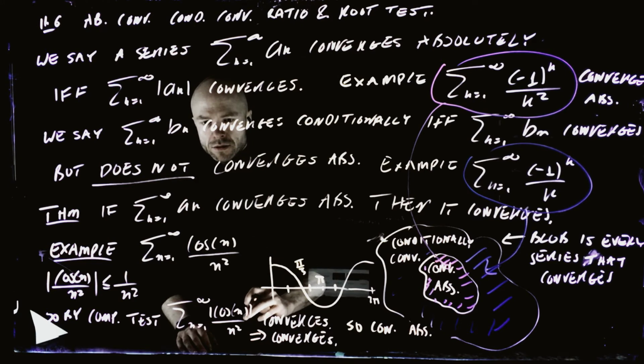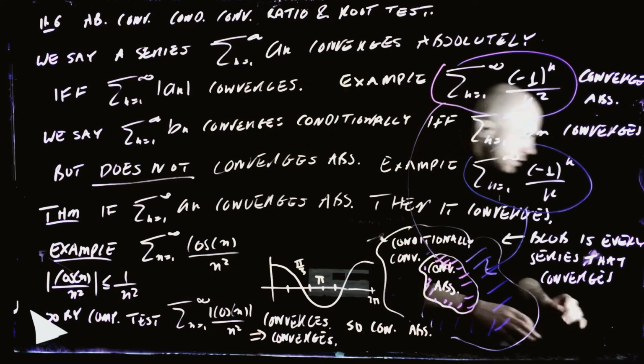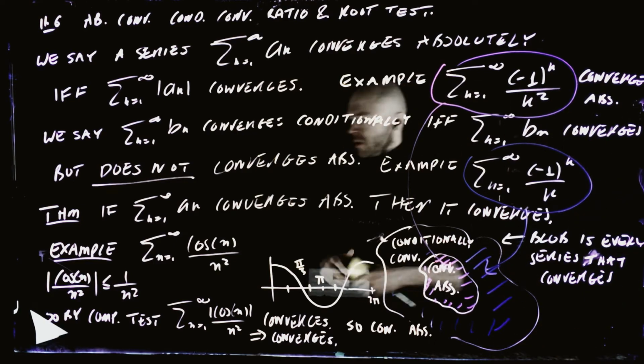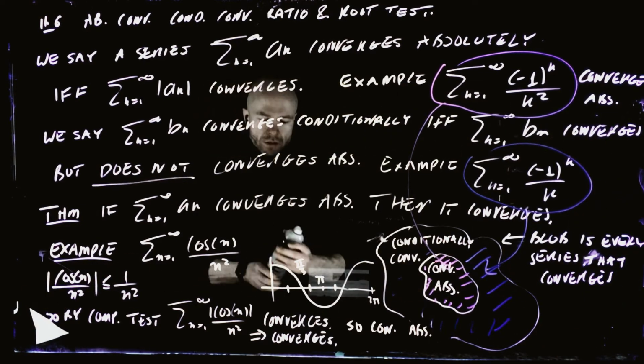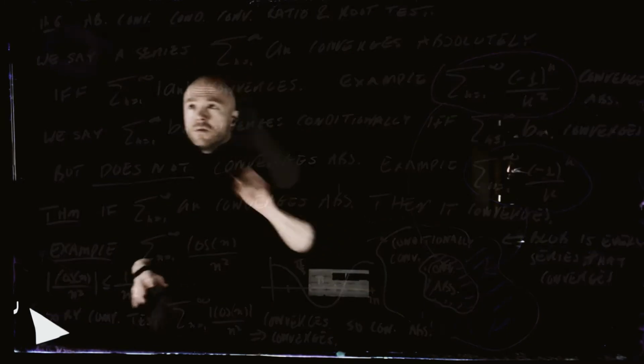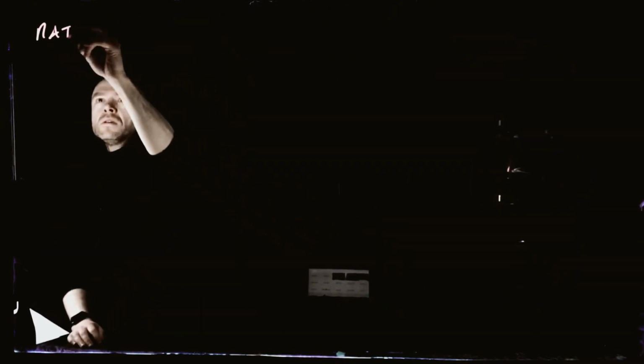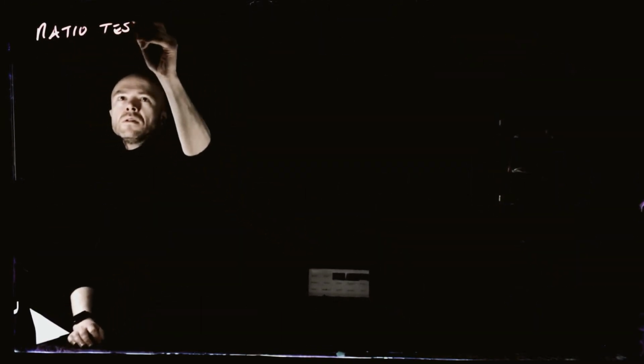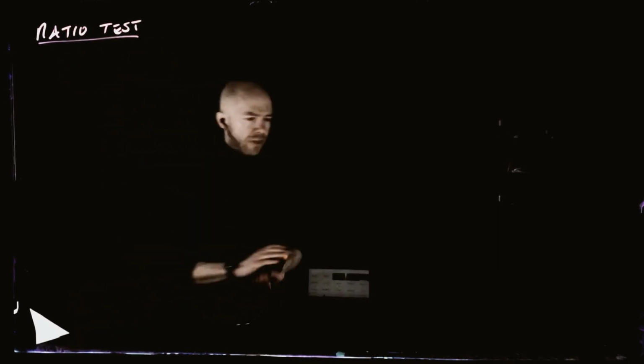Yeah? Cool. All right. Everybody happy before I erase? We'll do one more board of content. Okay. Ratio test. Ratio test is one of the most basic useful convergence tests, and it goes like this.